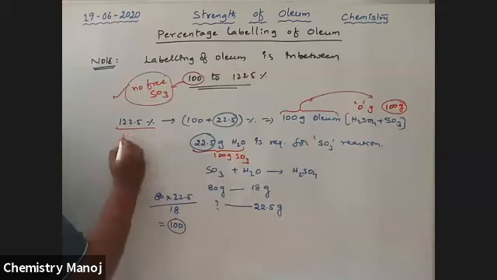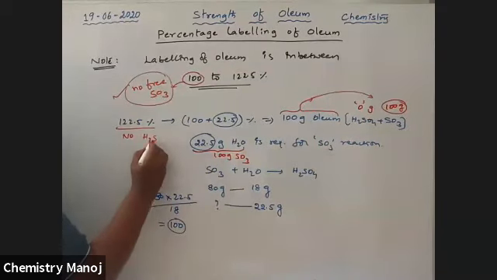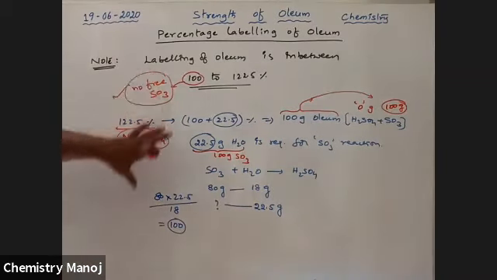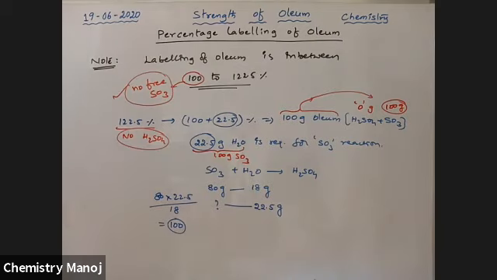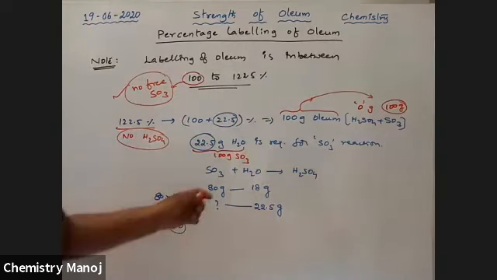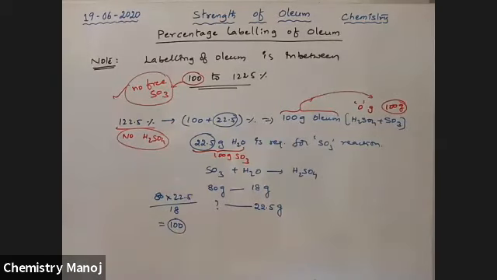Here no H2SO4 is present. So these are the in-between cases. Very, very important point, guys. So the percentage labeling of oleum is always in between 100 and 122.5. Is this clear?